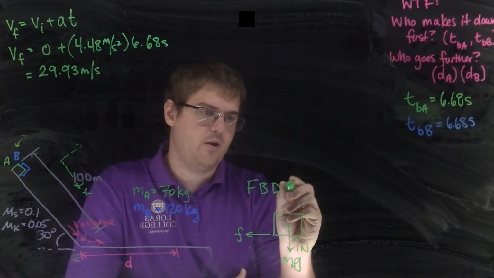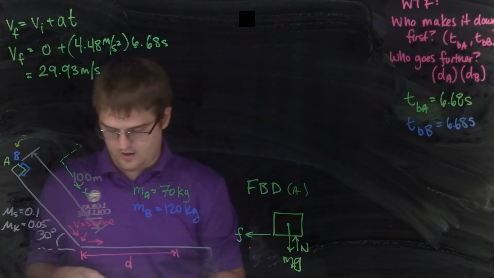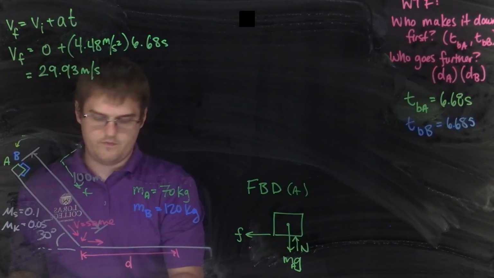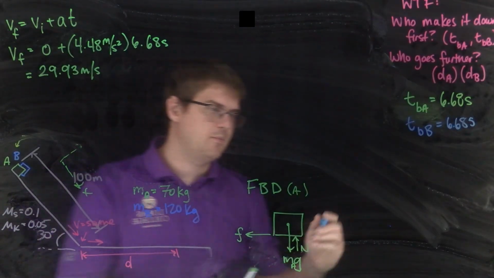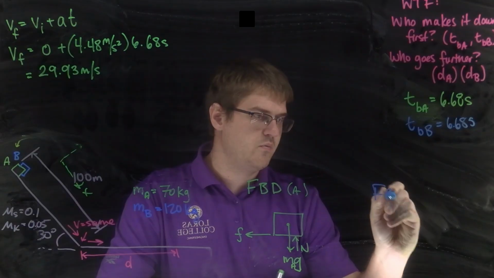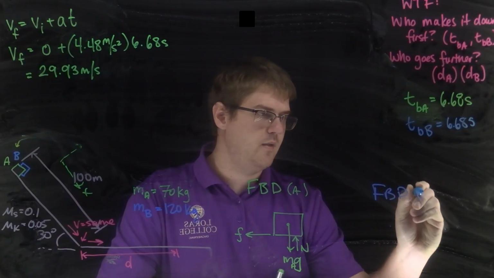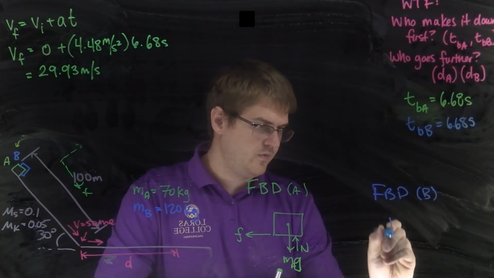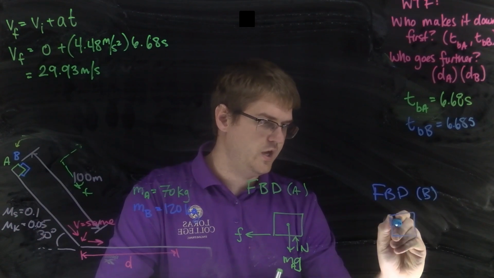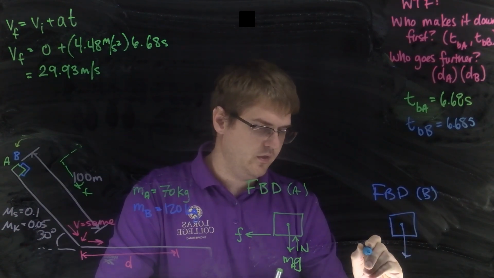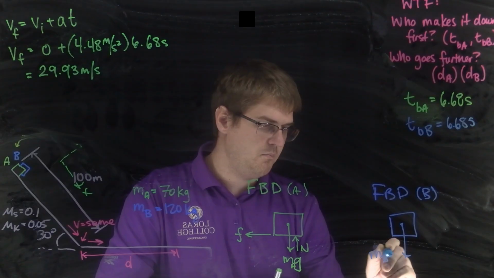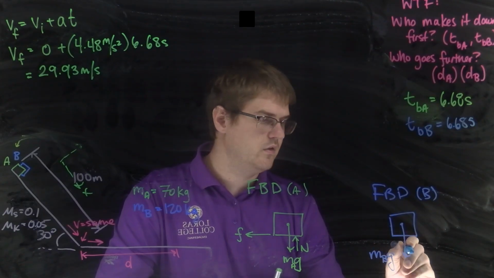So this is the free body diagram for A, and I will draw it, but what you're going to find is the free body diagram for B, just like before, is exactly the same. All we're doing is changing the little subscript from MA to MB because we've got different masses.